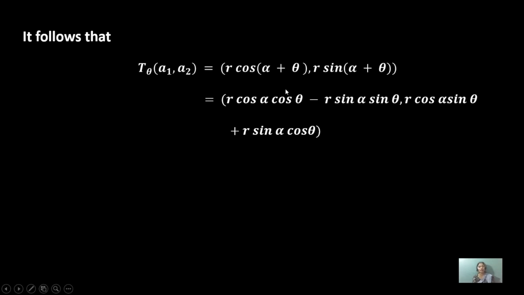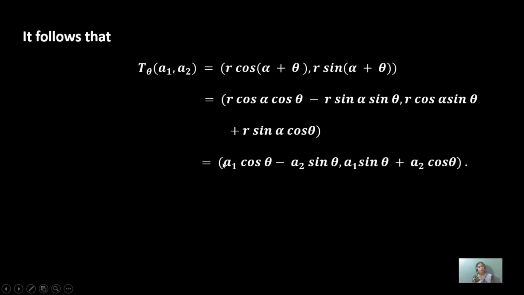Another formula, for sine: r sin(alpha plus theta) equals r sin theta cos alpha plus r sin alpha cos theta. These are the two different components.